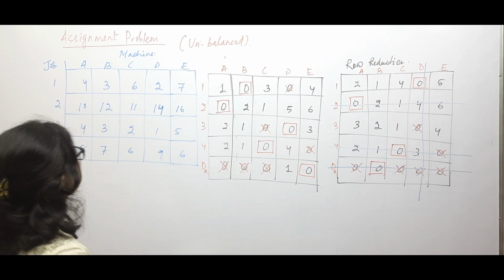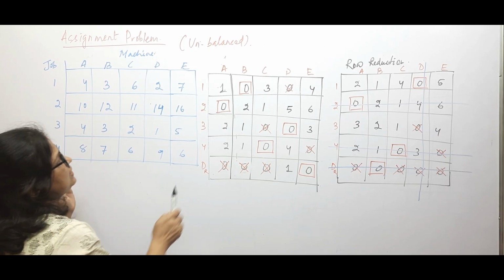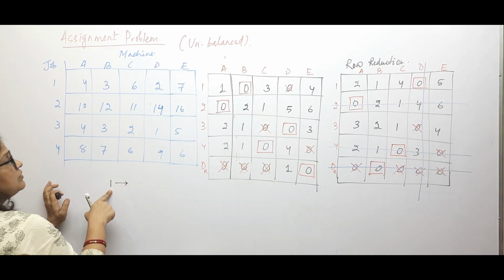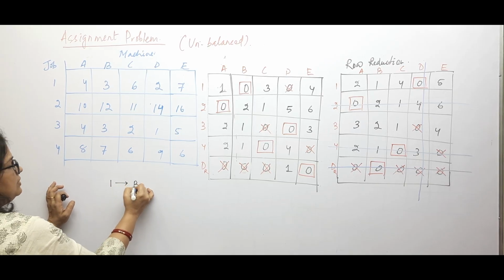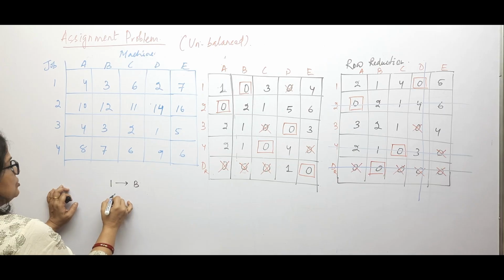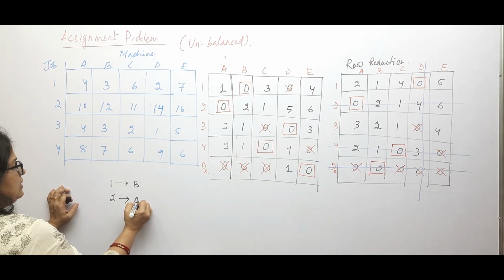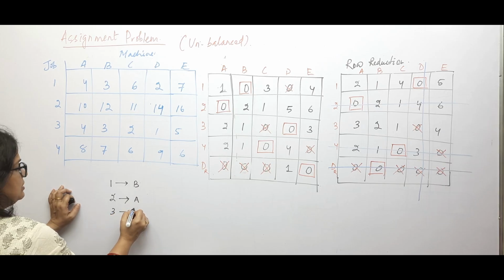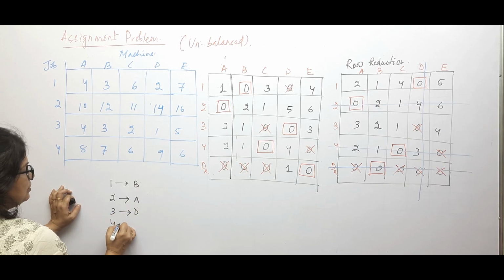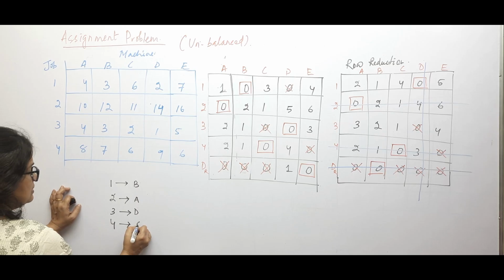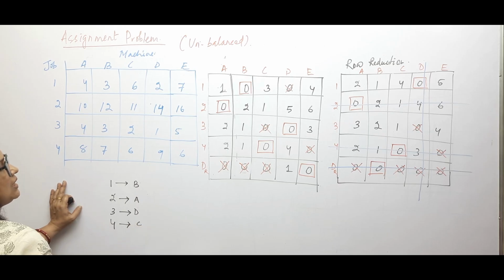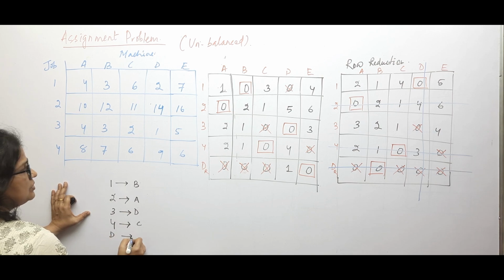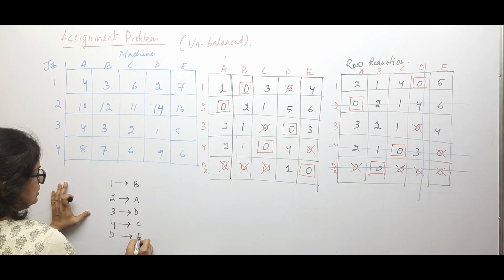First job is assigned to machine B, second job is assigned to machine A, third job is assigned to machine D, fourth job is assigned to machine C, and this is the dummy one assigned to machine E.